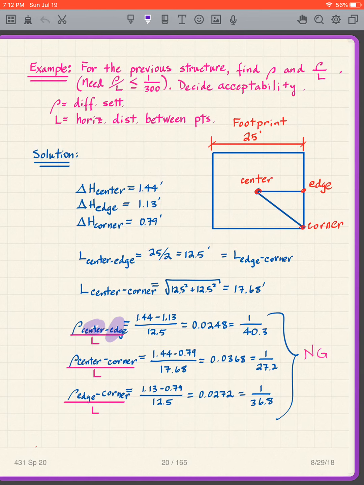Then we have center to corner, and there's my L. Then we have edge to corner, and again, that L is going to be 12.5.